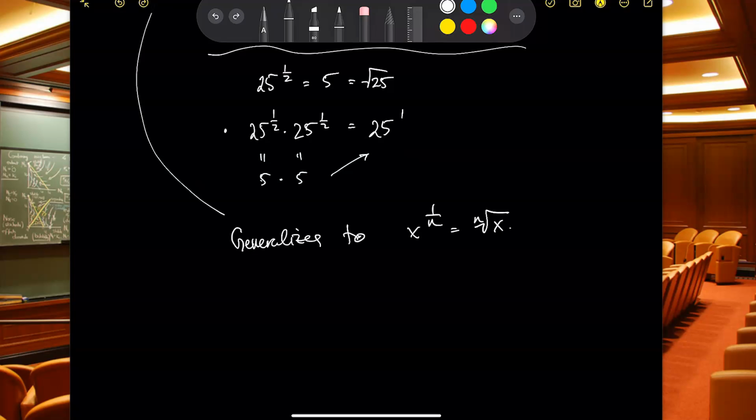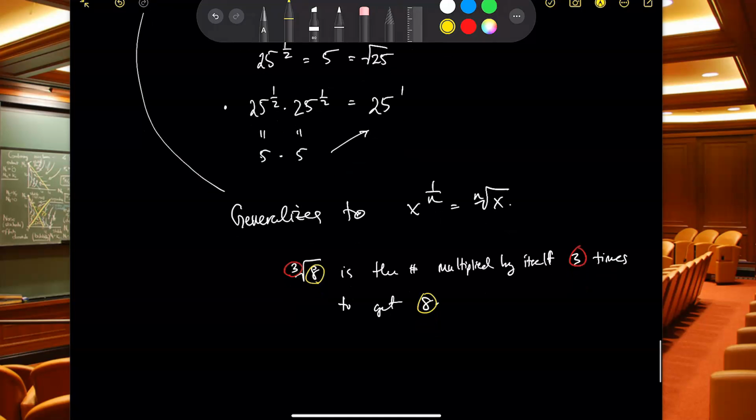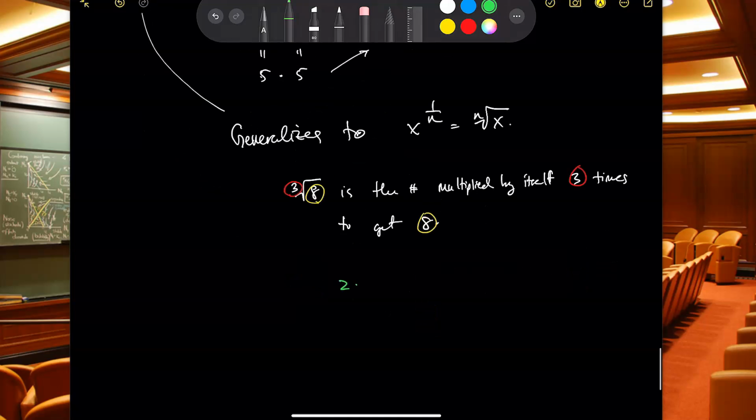In other words, we've talked about the cube root before. The cube root of 8 is the number multiplied by itself 3 times to get 8. And what is that number? 2 times 2 times 2 equals 8, so we say that the cube root of 8 equals 2.